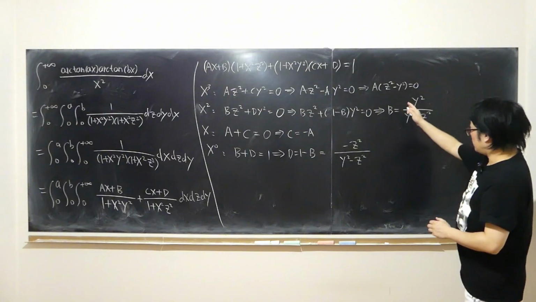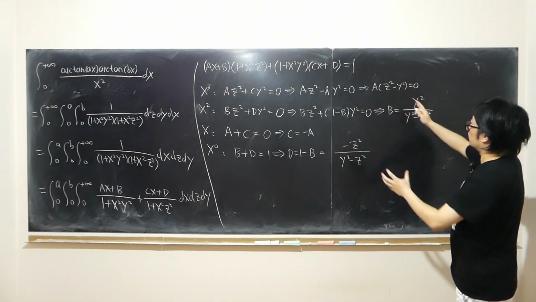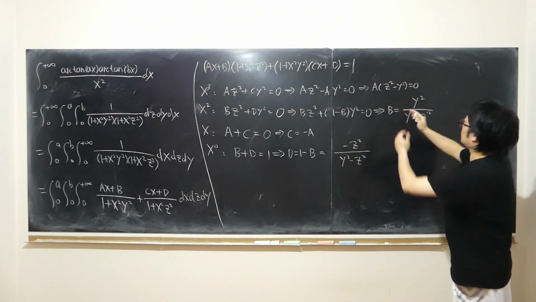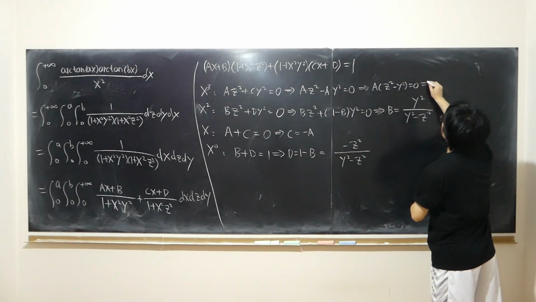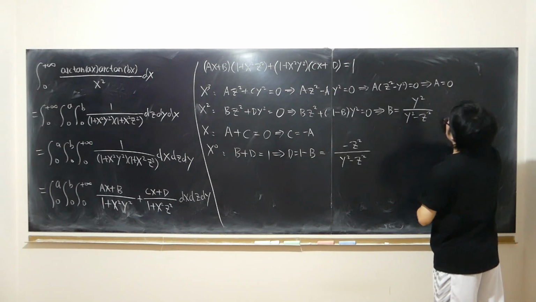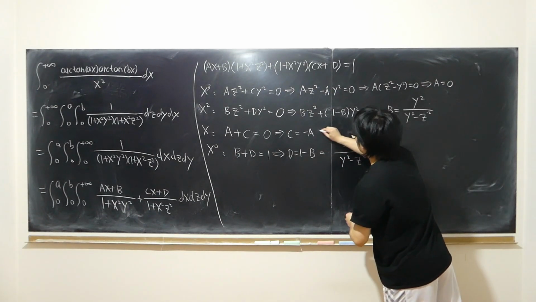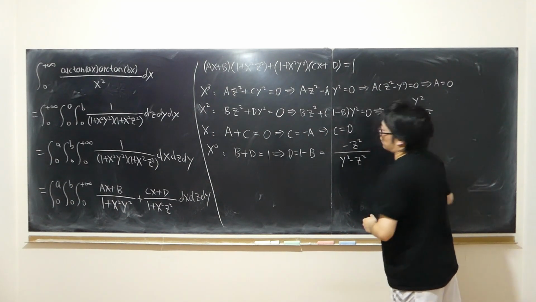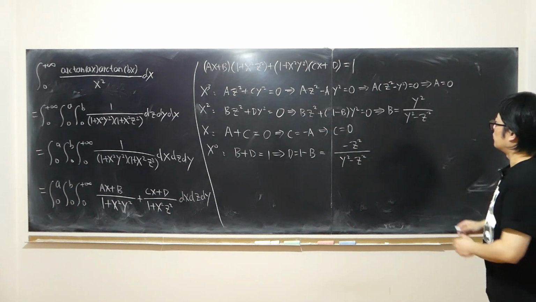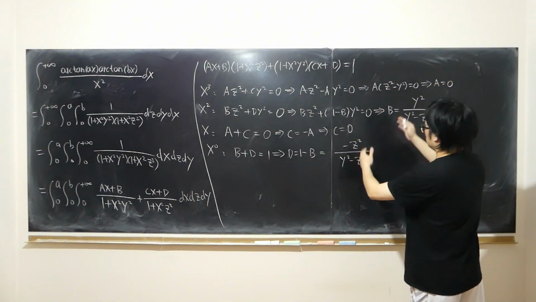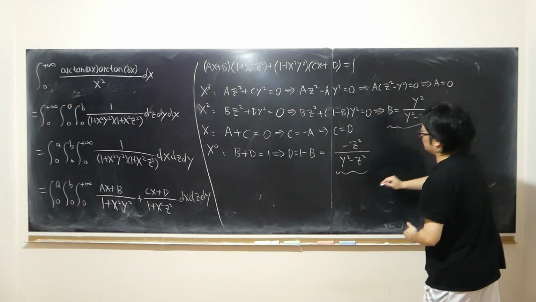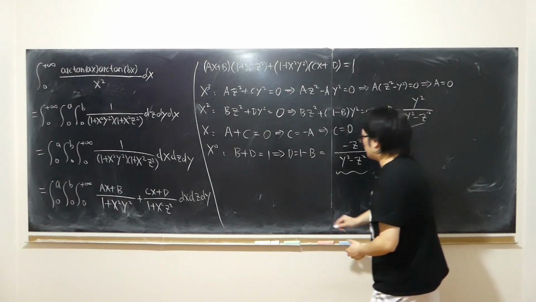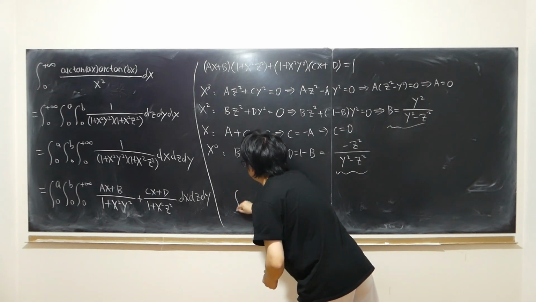But remember, z and y can change. They don't have to be equal to each other. But it should always equal 0 no matter what their values are. So a must be 0 no matter what. Therefore, c is also 0. So we only need b and d.